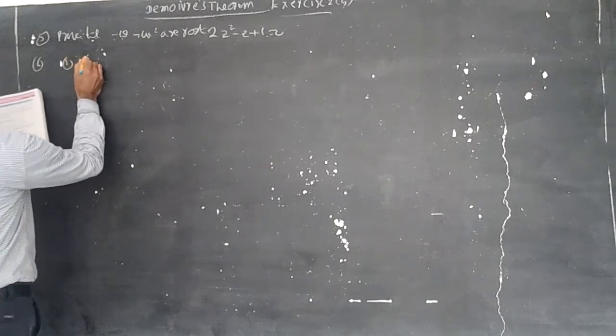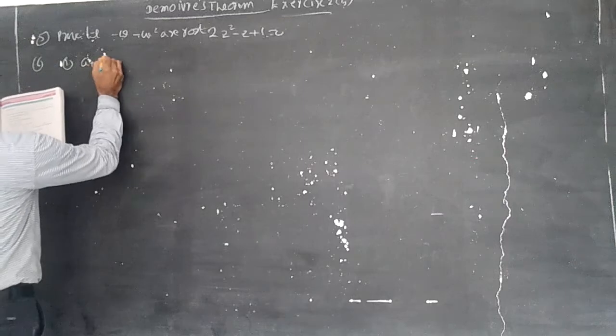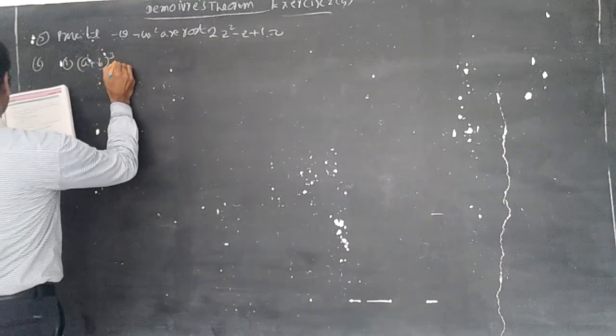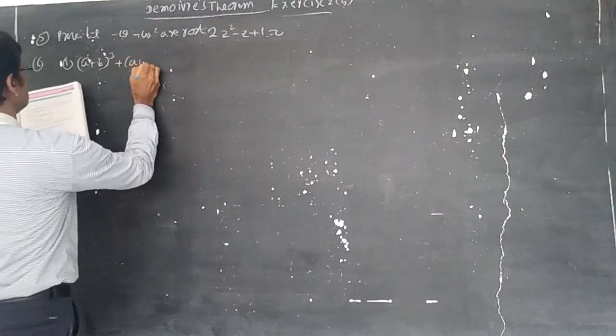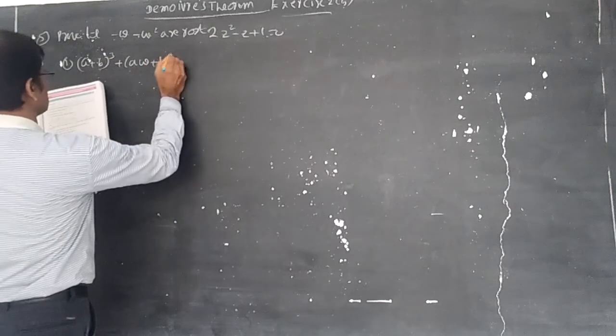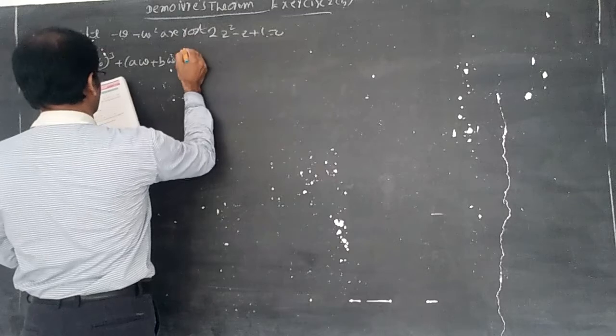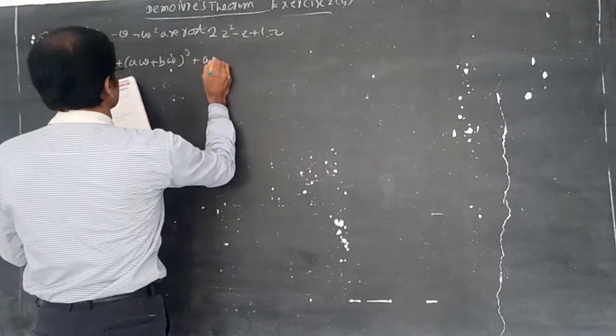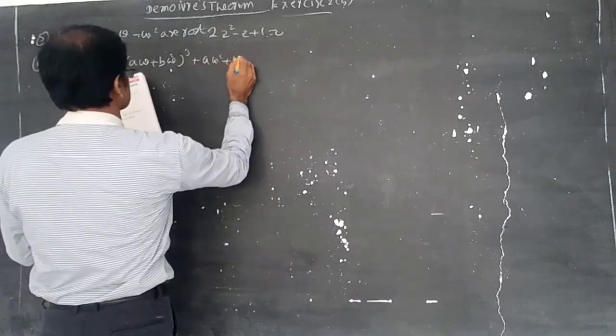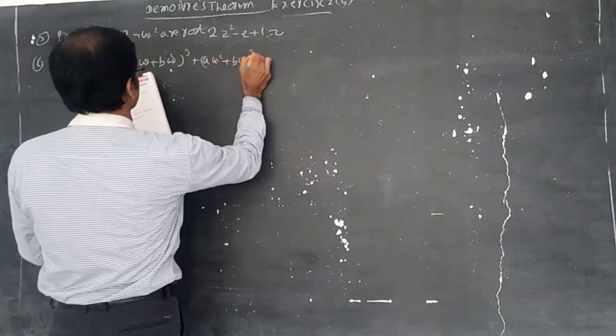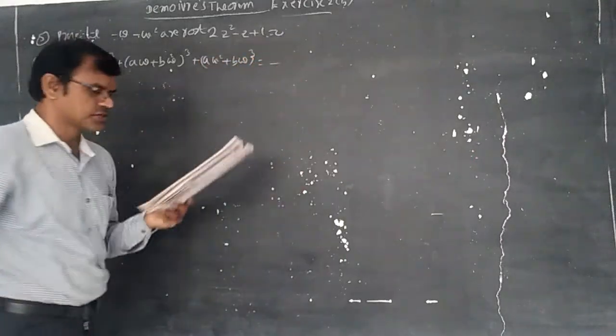Sixth one, 1, omega, omega square are cube roots of unity. Then evaluate (a plus b) whole cube plus (a omega plus b omega square) whole cube plus (a omega square plus b omega) whole cube equal to dash.